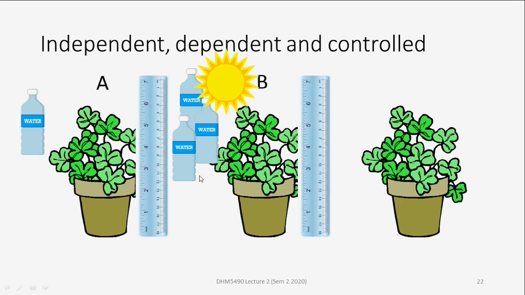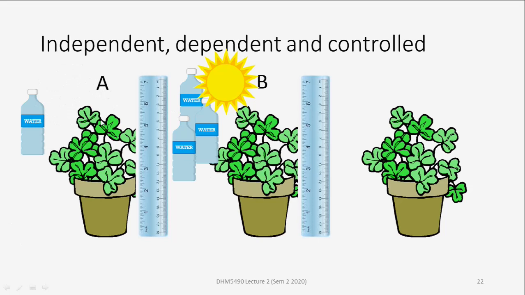But I put these two pots at two different locations. The location of set B is exposed to strong sunlight. The sunshine is so strong that it encourages plant growth. However, for plant A, there is simply not enough sunlight.